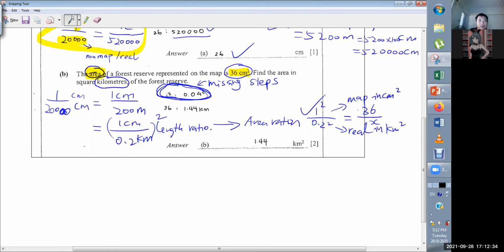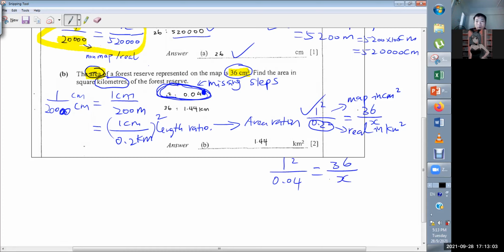Like your work here is 1 square over 0.04, not square. This one is not square. You made a mistake here. There is no square here. Can you see 0.2 square is already 0.04? Then after that you just put the 36 above, and then you just need to solve for this x.